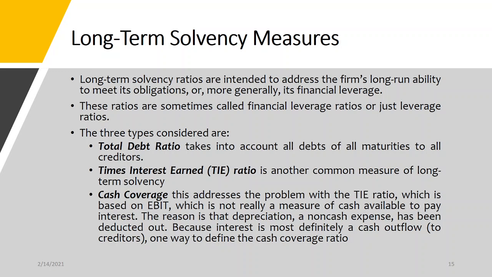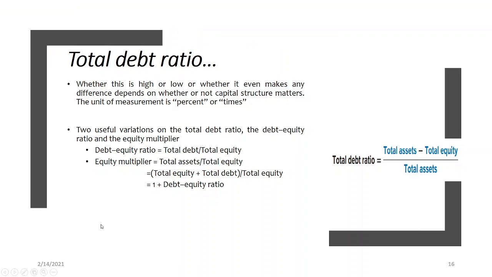So for total debt ratio, the formula is total asset minus total equity. This will give us the total debt divided by total asset. So closely related to this is the issue of debt equity ratio, the equity multiplier.